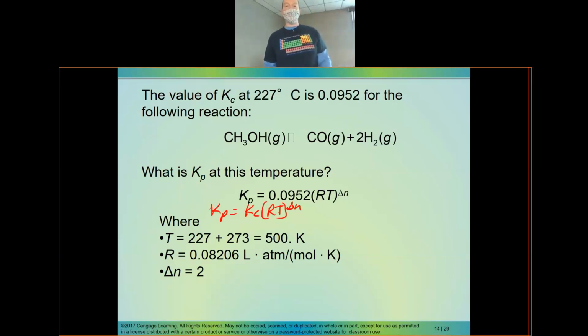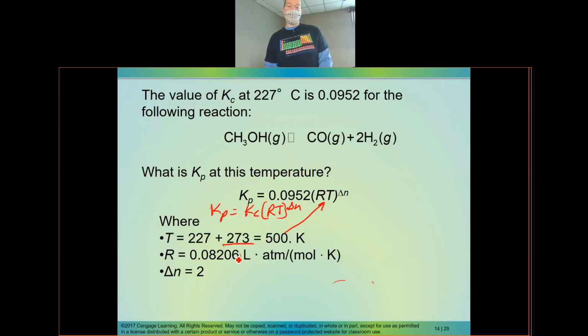Again, normally it's going to give it to you in Celsius. So you plug in the Kc value that they give you. You convert your temperature in Celsius into Kelvin by adding 273.15. So now we can put the 500 there.